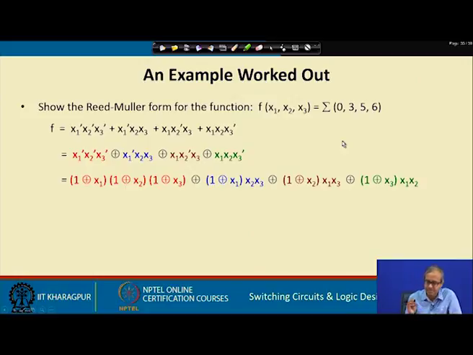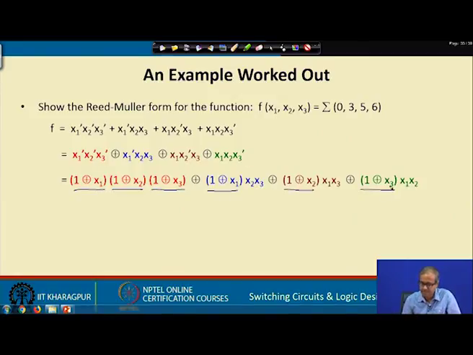Then suppose I want a positive Reed-Muller form, so all variables uncomplemented. Wherever there is a NOT, so x1 bar I replace by this, x2 bar I replace by this, x3 bar, similarly here x1 bar, x2 bar, and here x3 bar. Then I go on multiplying, like in the method I mentioned earlier.